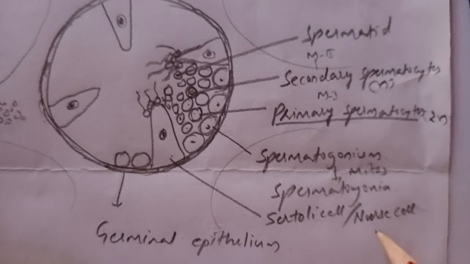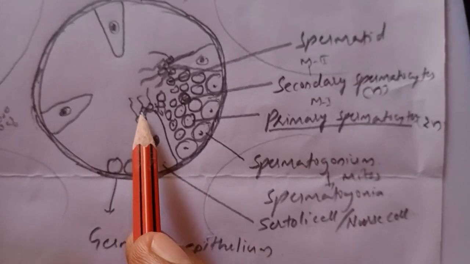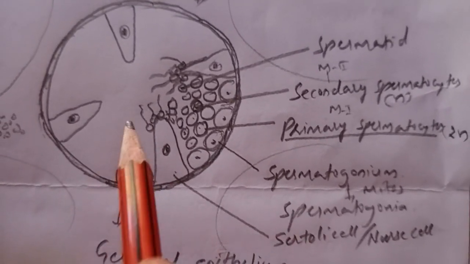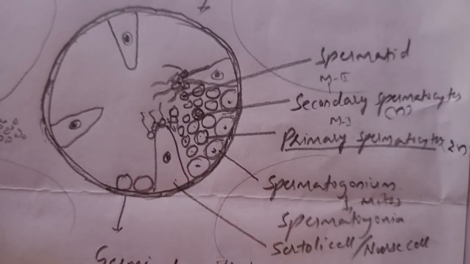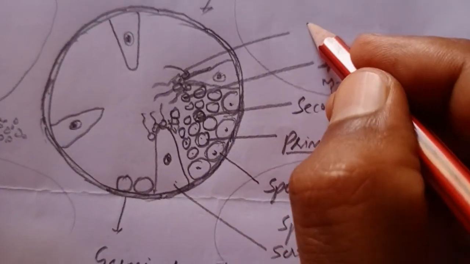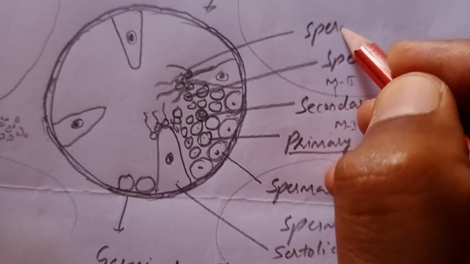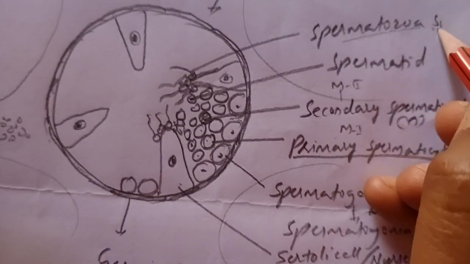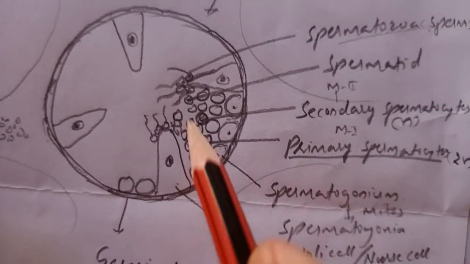Why do we call it so? Because it supports the formation of sperms from spermatid to matured spermatozoa. Spermatids mature to form spermatozoa, which are also called sperms, right? These are the sperms which are produced here.